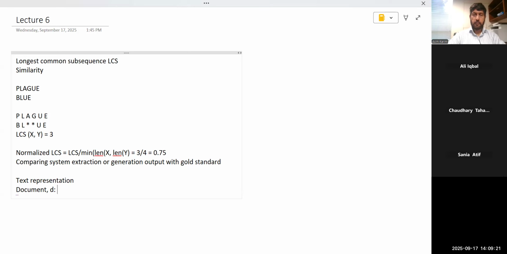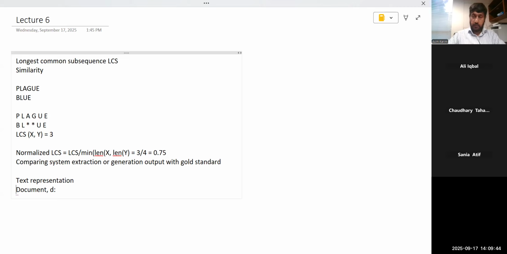LCS, yes, it's for consecutive characters. Basically, it's a sequence. So you align and then you count the number of characters that match in the two strings. Obviously, if there are multiple characters that are consecutive, then we'll be counting those as well.